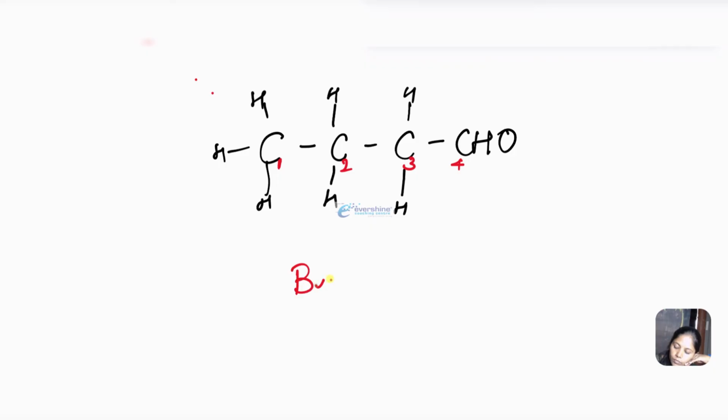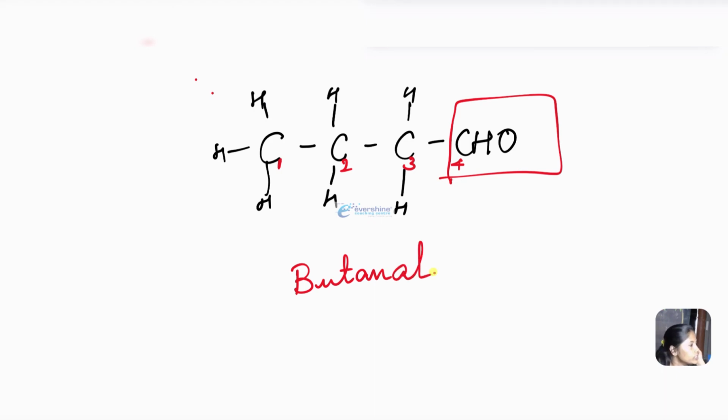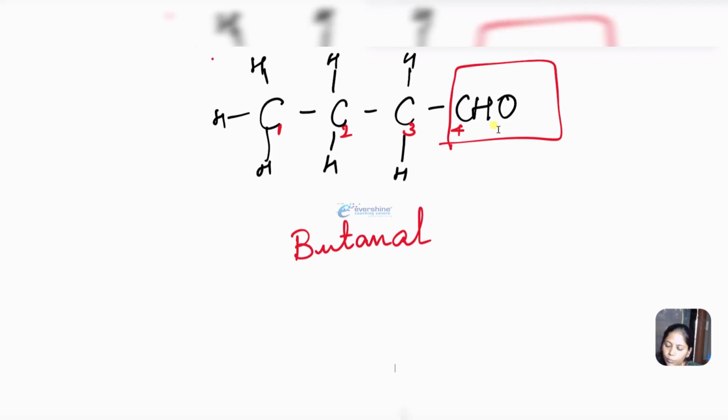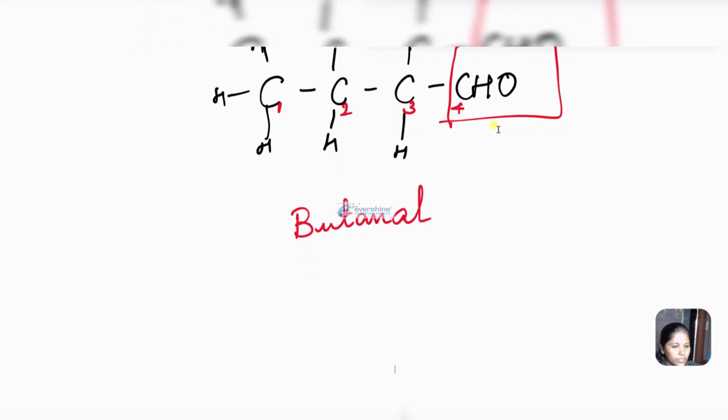CHO is there, which means it's an aldehyde. You need to write Al. In that group, C is there, no? That also you should count. Got it? This is how you need to name the compound. So 1, 2, 3, 4 is but, and CHO means Al. It's butanal.